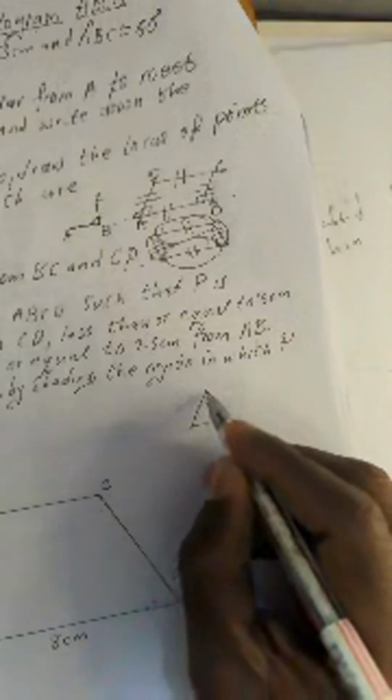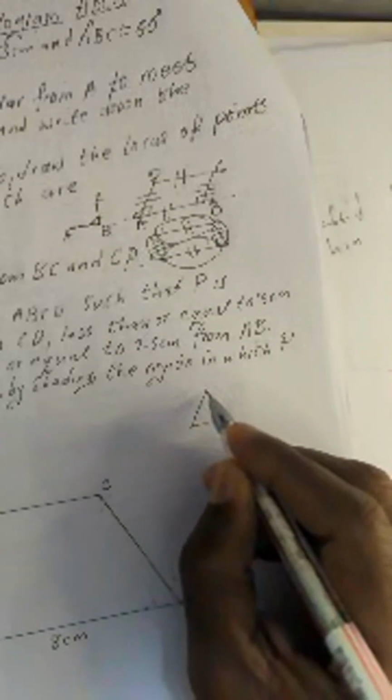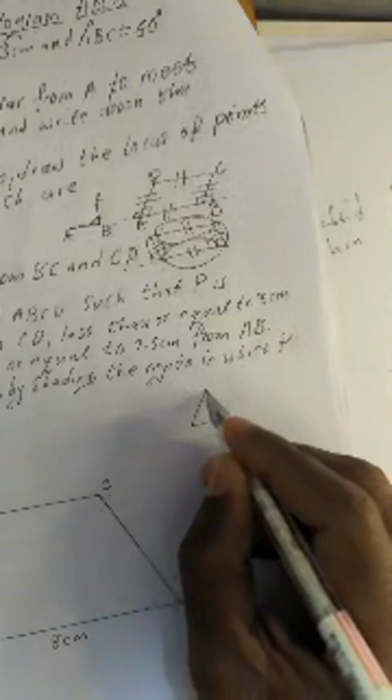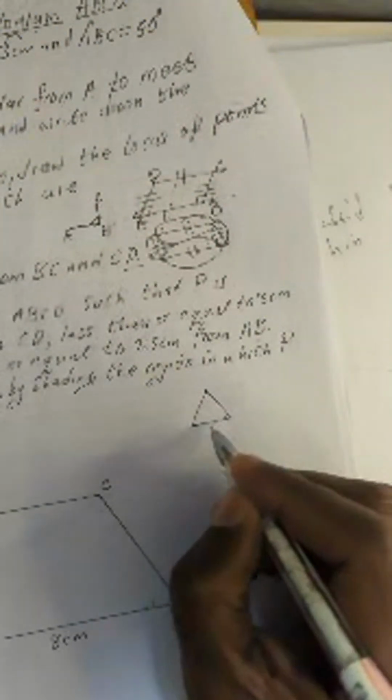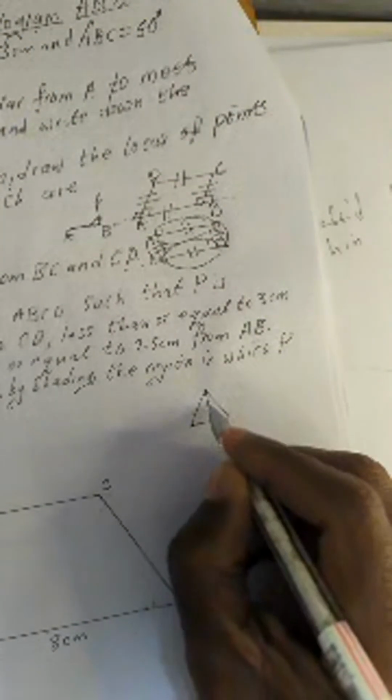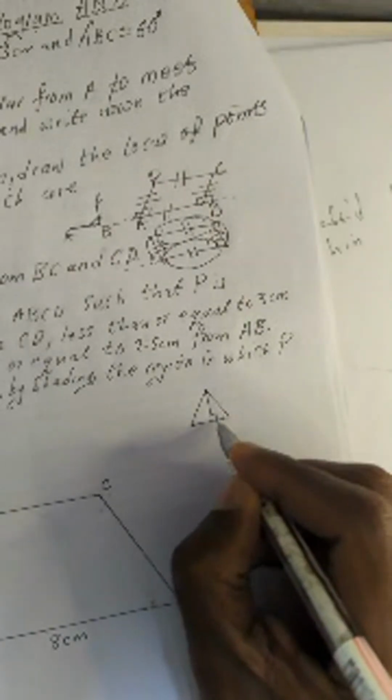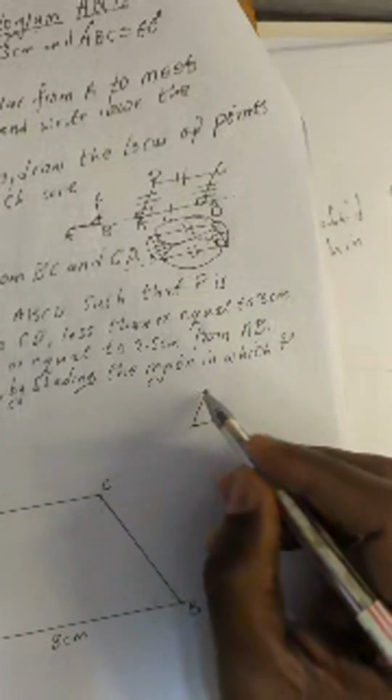In the previous video, I think we had a triangle like this. Then I said, if you need to construct a perpendicular line that starts from somewhere here and meets this line at whatever point, but it should be at 90 degrees, all you have to do is stand here.